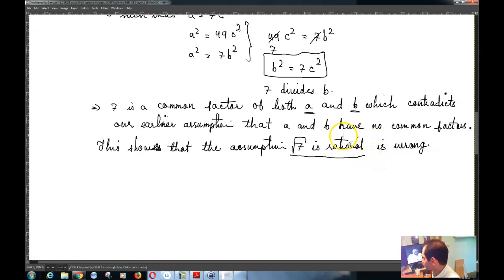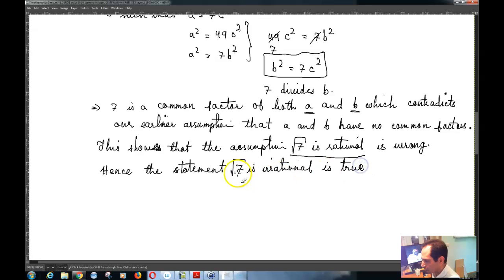Hence the statement "the square root of 7 is irrational" is true.